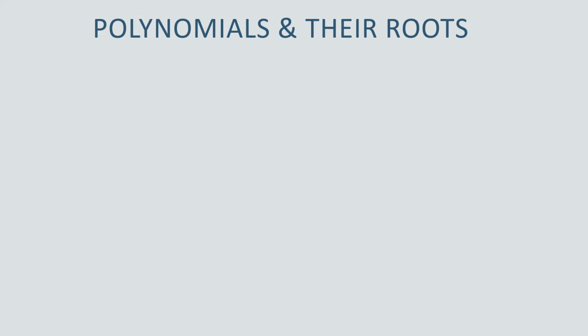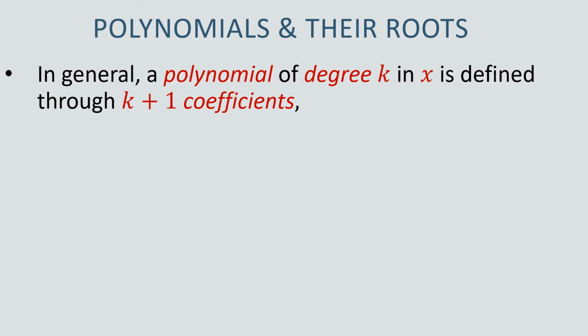So what is it we have in this case? In general, what I'm going to be referring to as a polynomial of degree k in a variable x is defined by a collection of k plus 1 what are referred to as coefficients. The way we denote those coefficients is as c sub 0 through to c sub k.